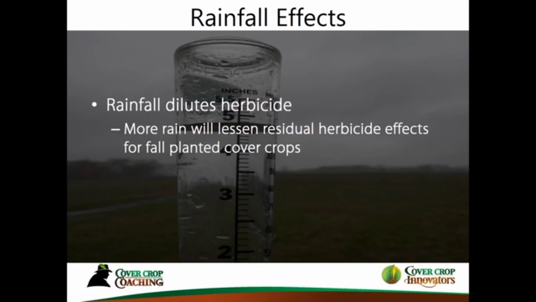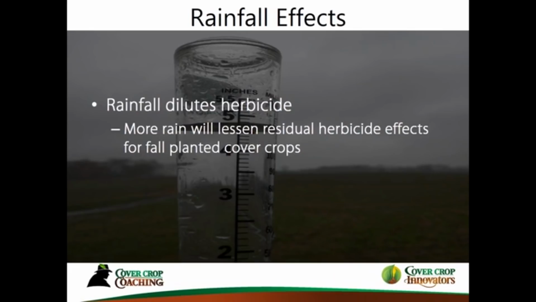The rainfall diluting it is certainly an effect. If we have a particularly dry season where that herbicide hasn't had a chance to break down, if you will, there is an increased risk of it hurting our cover crops later on. So pretty basic information.